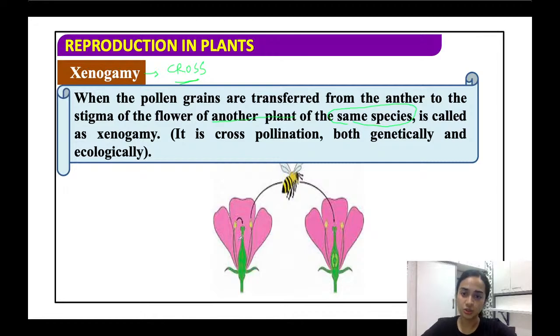A tomato plant cannot pollinate a chili plant. It needs to be of the same species, then only can cross pollination occur. Cross pollination leads to variation, since two different plants are involved. The genetic content will change and it will lead to recombination.